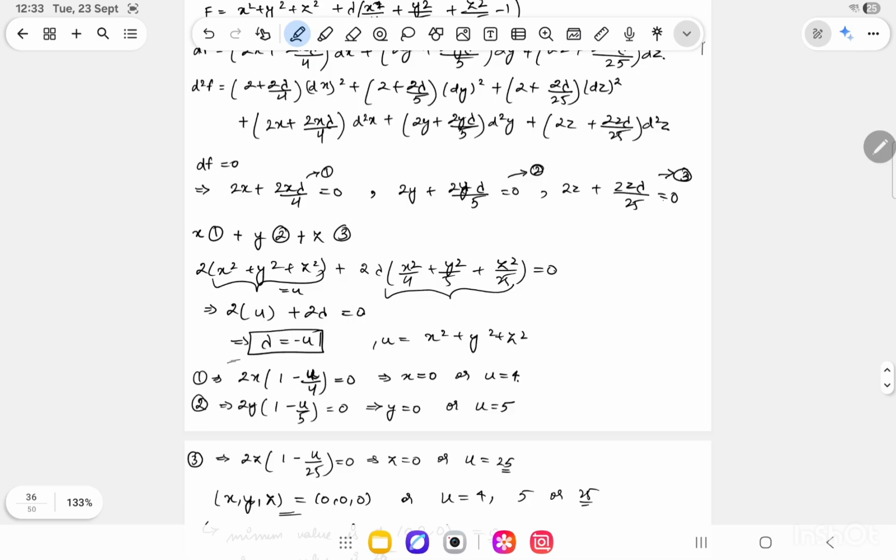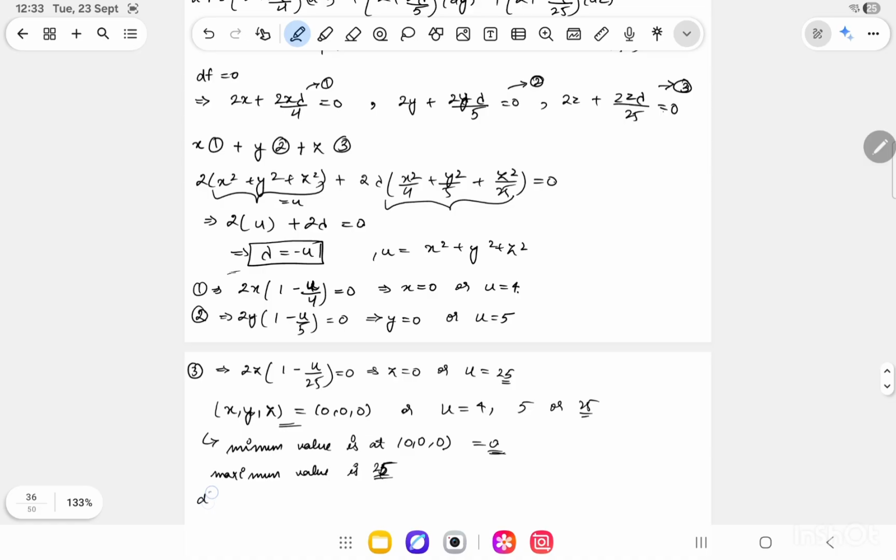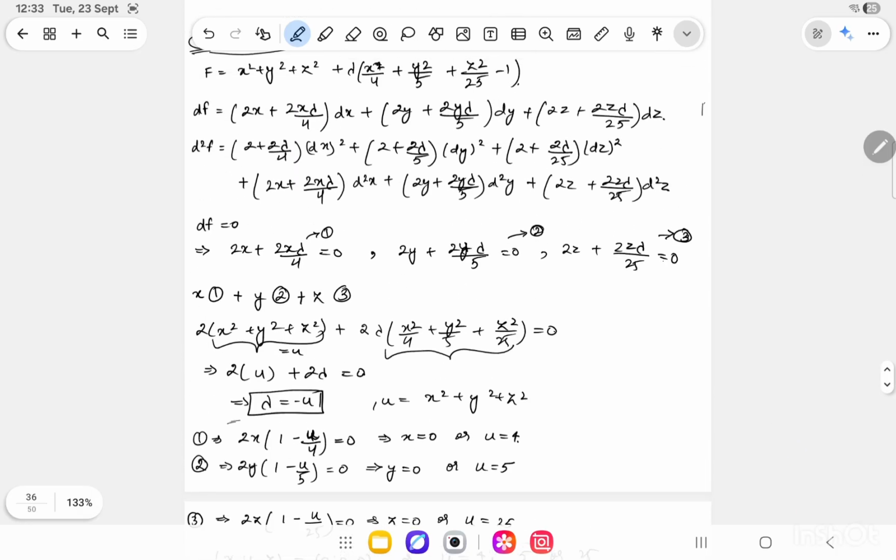Now let's check the sign of d²f at this point (0, 0, 0). Here lambda will also be 0. So the term in the second line, the one which I am highlighting with red, will always be 0, because we have calculated our conditions using this only, and this tells us that this value is 0, and this and this are also 0.